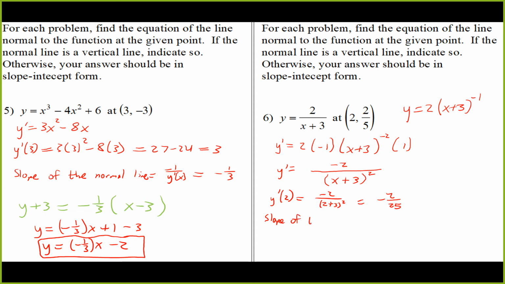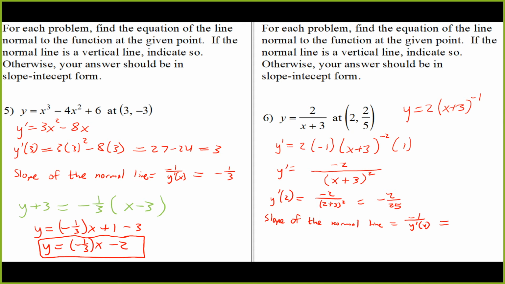Negative 1 over y prime. Okay, negative 1 over the derivative at our x value, so that's y prime at our x value. So for us, what is the slope of the normal line? Negative 1 over 2.